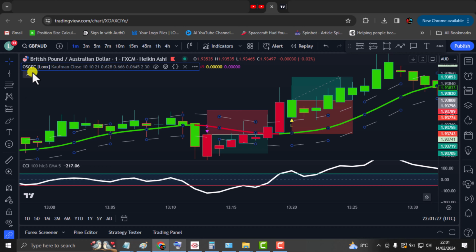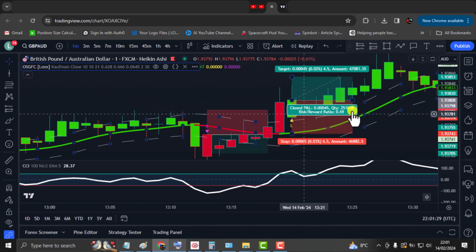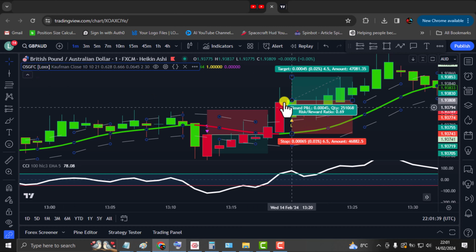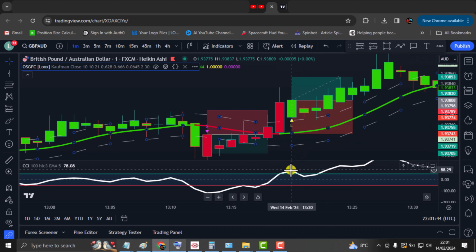So the moving average of OSGF, again I keep saying it so you know what I'm talking about. This moving average belongs to OSGF, which was the one-sided Gaussian indicator. The moment the signal was generated, we also had the white line of CCI confirming it by being positioned above the green 50 plus line.